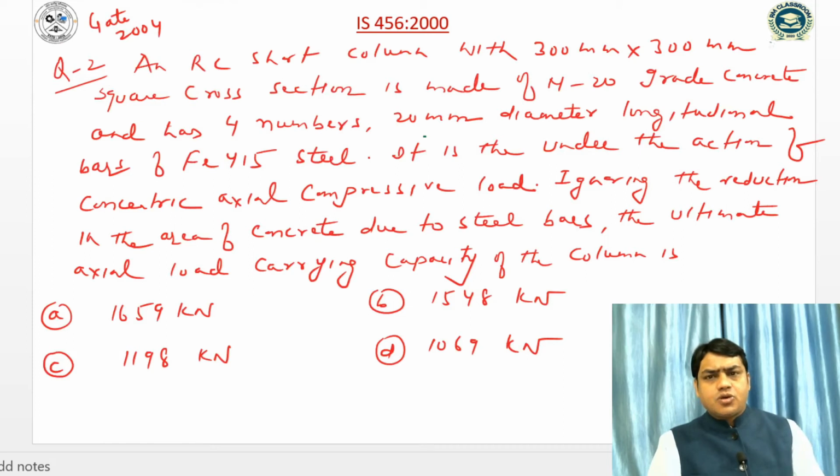Let us take another problem. An RC short column with 300 mm by 300 mm square cross section is made of M20 grade of concrete and 4 numbers of 20 mm diameter longitudinal bars of Fe415 steel. It is under the action of concentric axial compressive load, ignoring the reduction of the area of concrete due to steel bars. Find the ultimate axial load carrying capacity of the column.